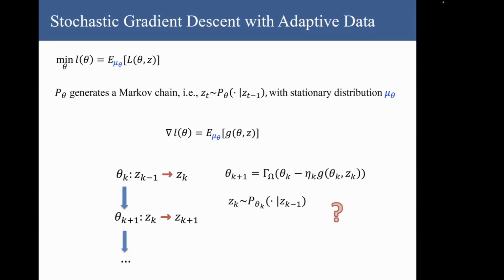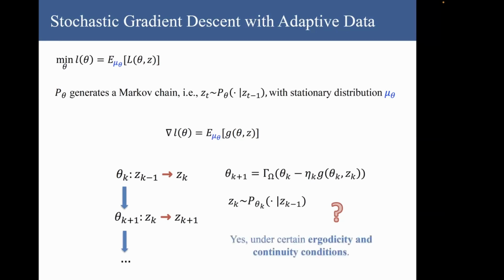Is it okay that instead of doing these carefully designed batch updates, I'm just going to run the Markov chain for one step? Is it okay that I just update the Markov chain under the new policy for one iteration, and then use this to directly update my underlying parameter? Would I still have good convergence properties if I do this fully adaptive update?